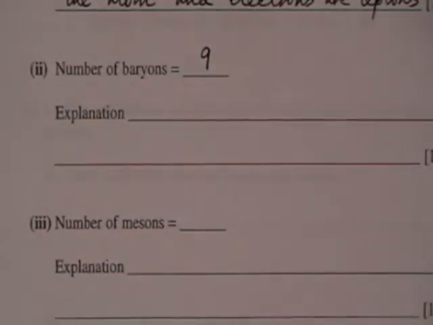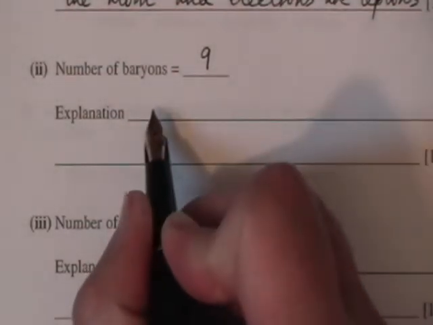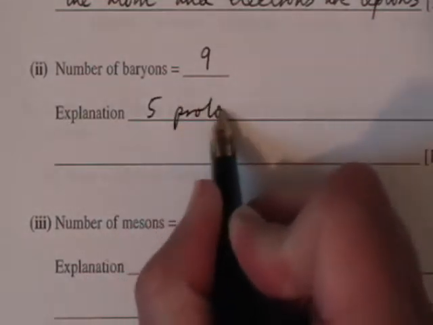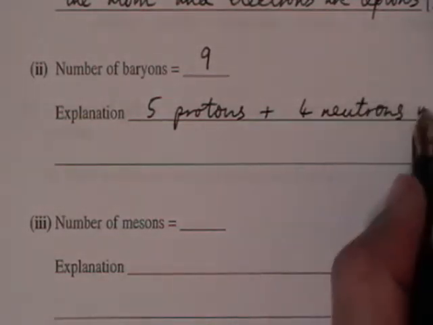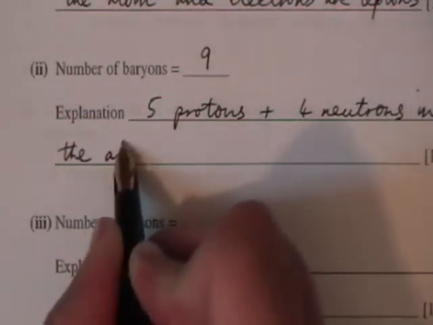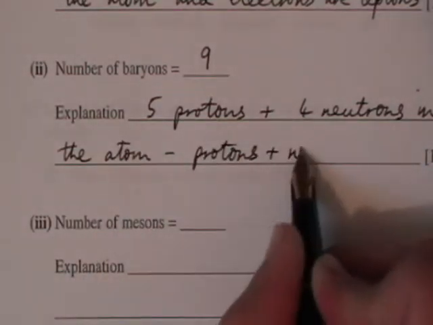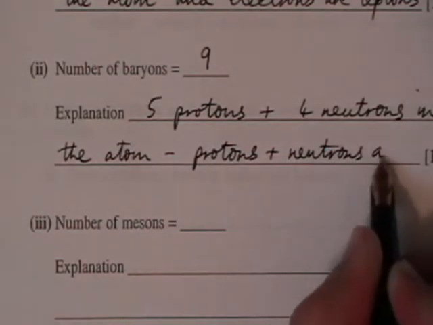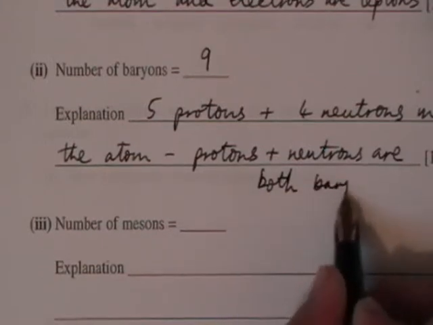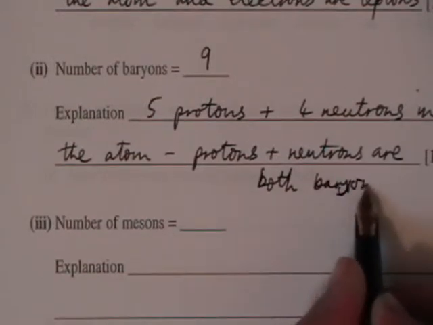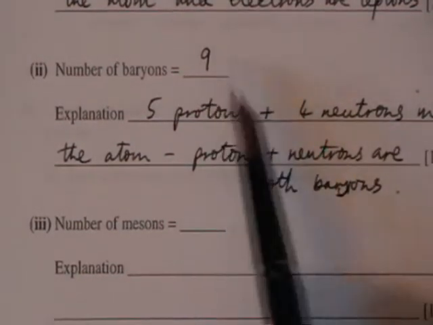The explanation is that we have 4 protons and 5 neutrons in the atom, and protons and neutrons are both baryons. So protons, neutrons, baryons: 4 protons and 5 neutrons gives us a total of 9.